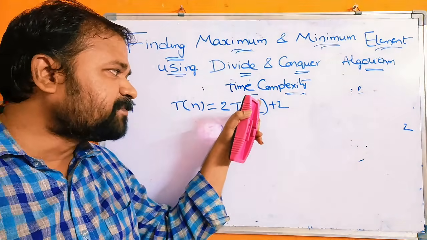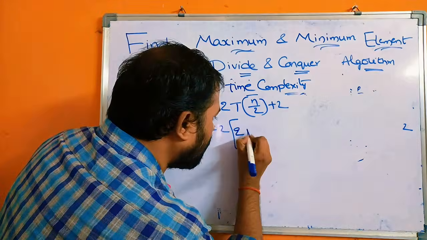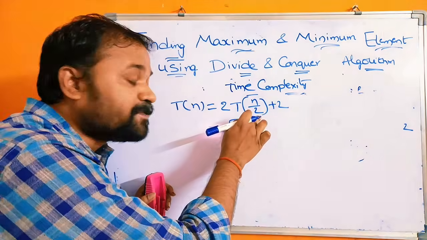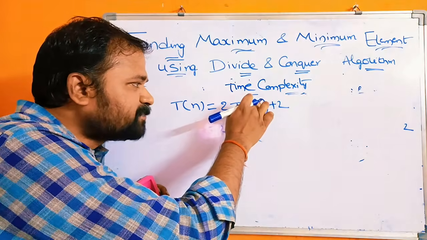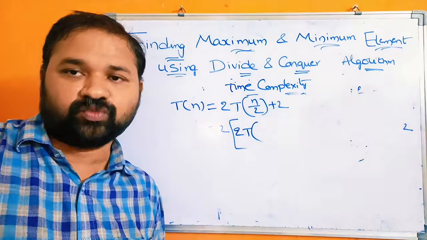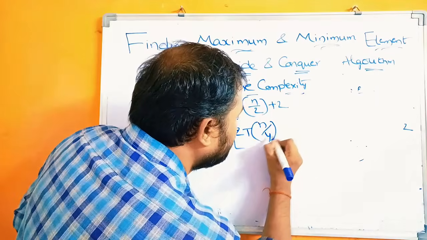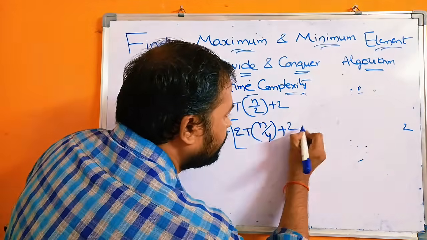In place of n, we have to substitute n by 2. If we substitute n by 2 in place of n, we will get n by 2 by 2, that means n by 4. So 2T of n by 4 plus 2, plus 2.